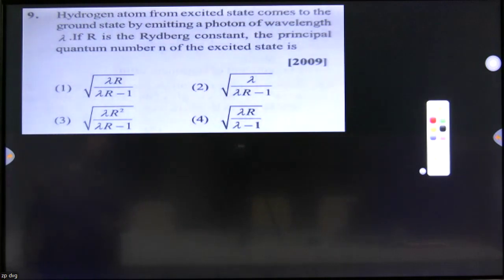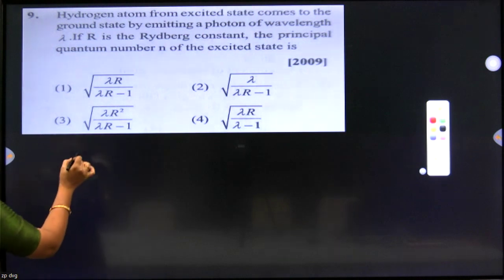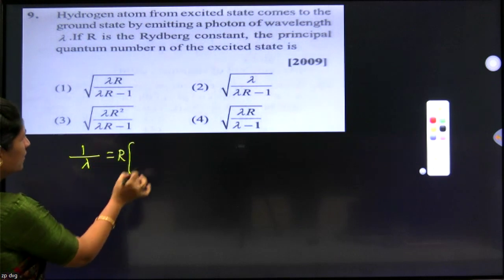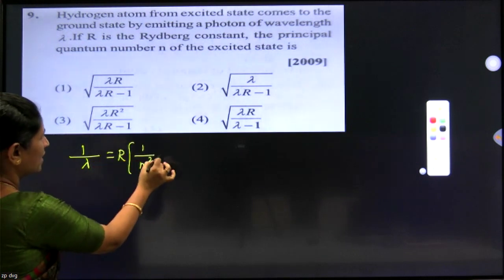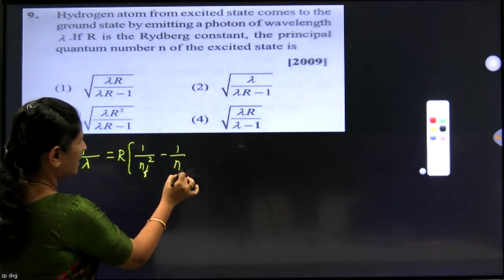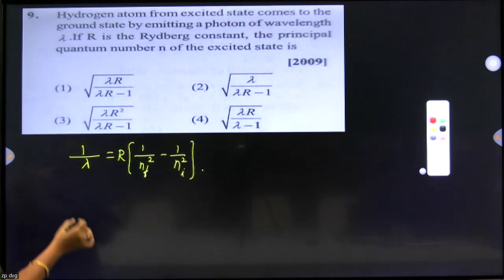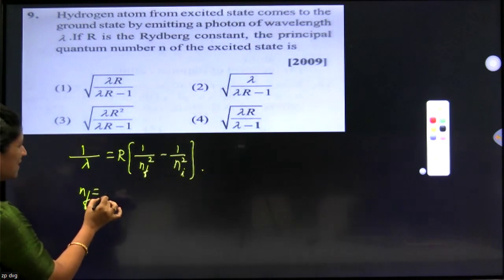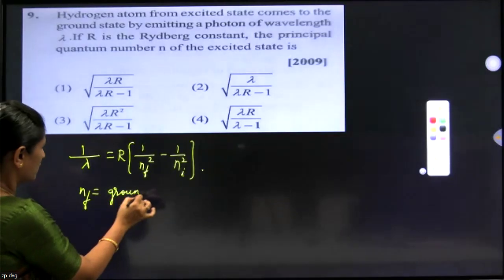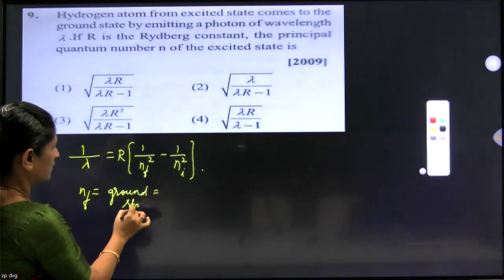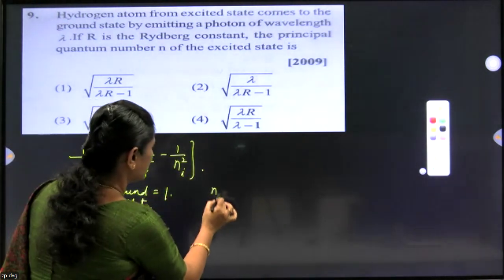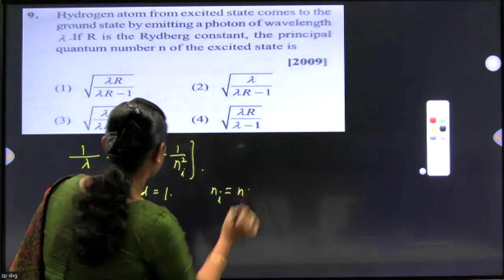Here, for the wavelength, 1/λ = R(1/nf² − 1/ni²). Here nf, the final state, is the ground state, which means 1, and ni we take as n.